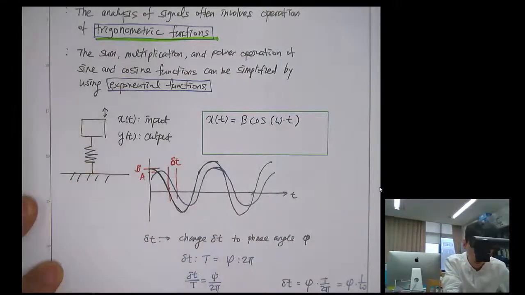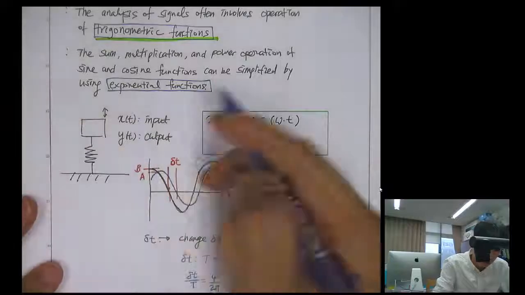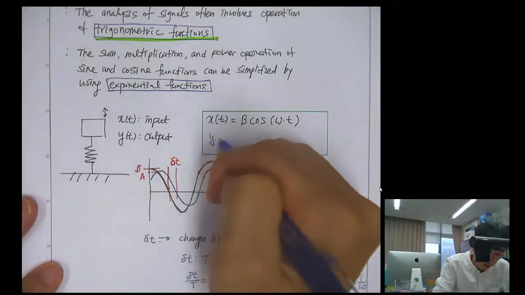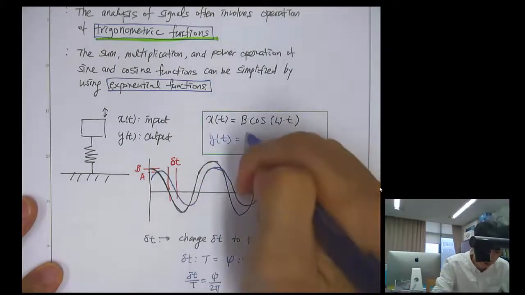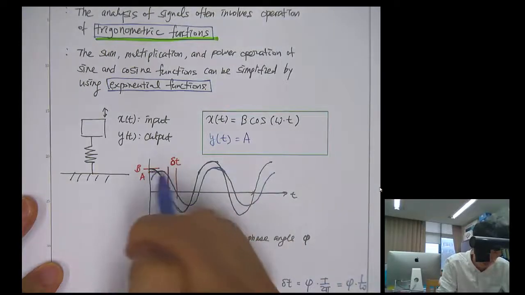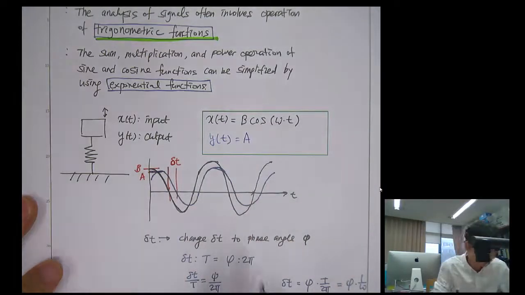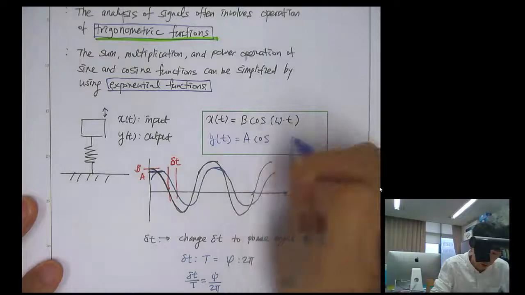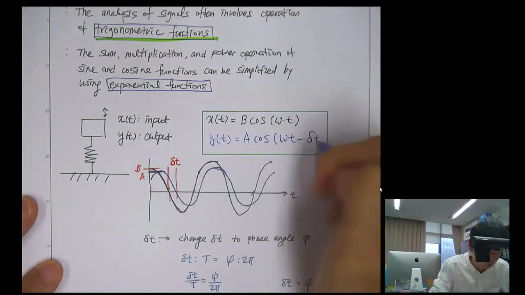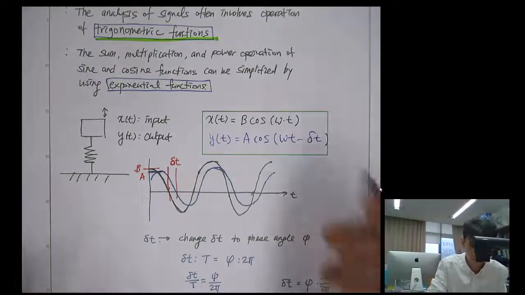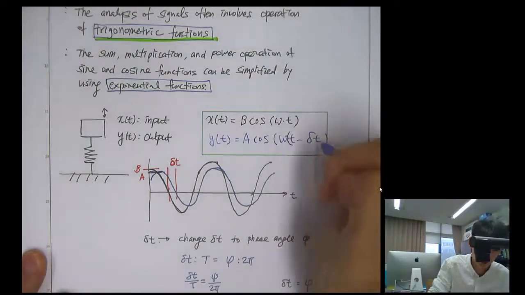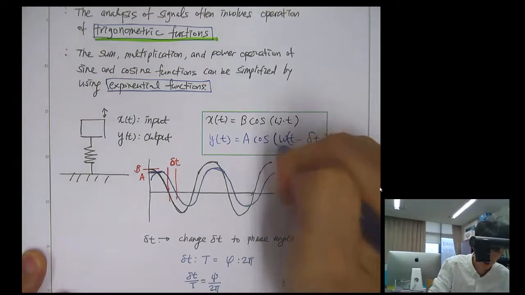And the output y(t) will have a different amplitude a and a cosine, but it's a little bit delayed by delta t. So t minus delta t, times omega.